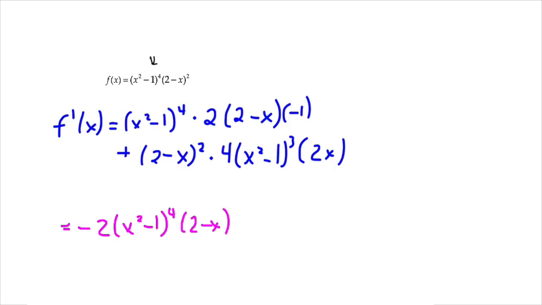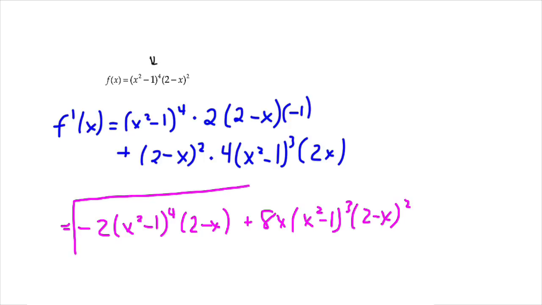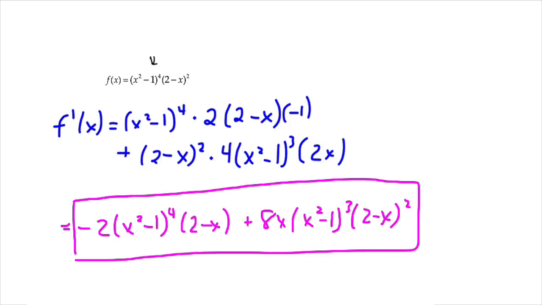Again, I want to write it in an order that looks a little prettier. Plus, I can recognize that there's going to be a 4 and a 2x, so I'll just say 8x times (x squared minus 1) all to the third, times (2 minus x) all squared. And I would say that that bad boy is as good as it's getting with our derivative.